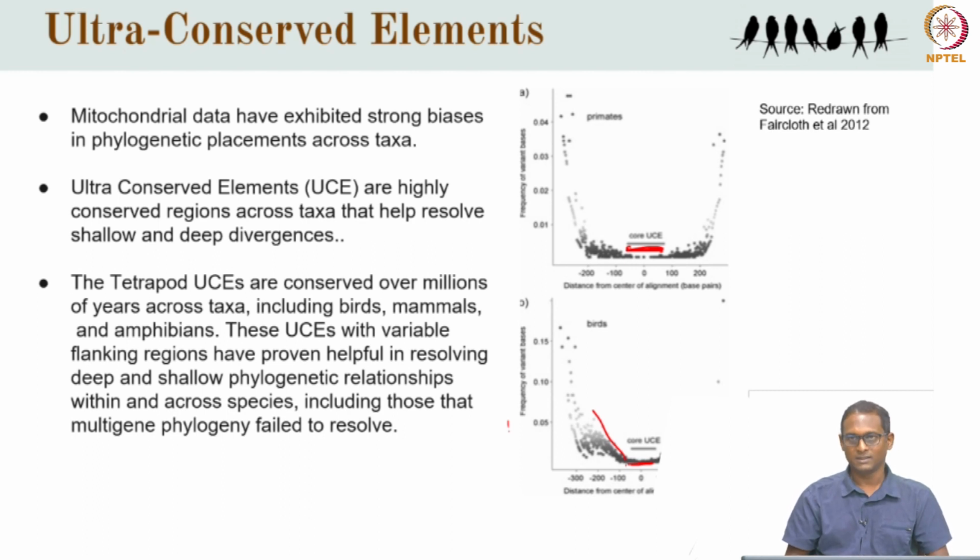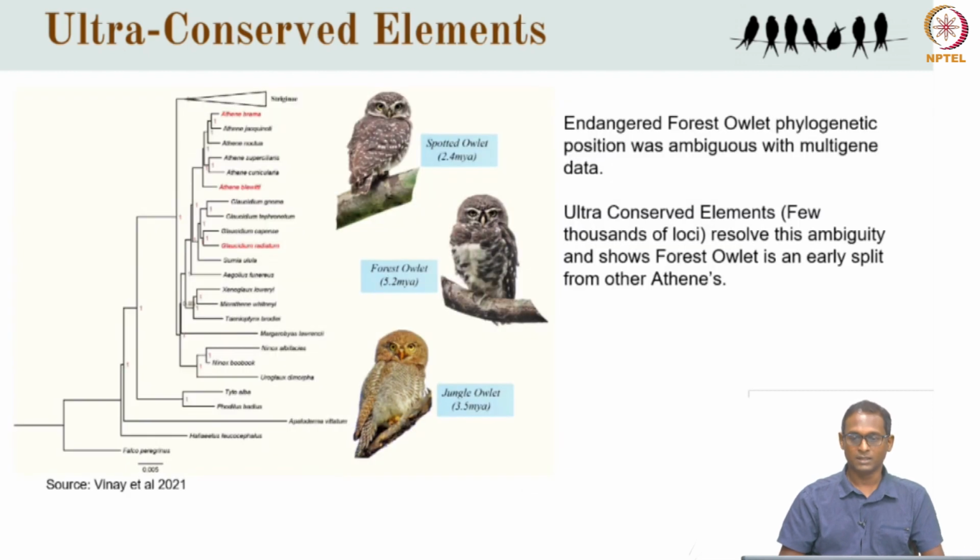A lot of birds have shown very fascinating results with UCEs. The point is that you can get thousands of loci. They have a probe set with 5,000 loci and 3,500 loci, and you could use any of those for looking at relationships.